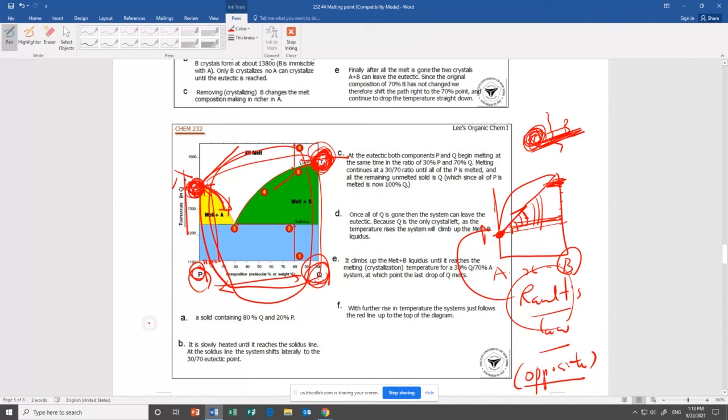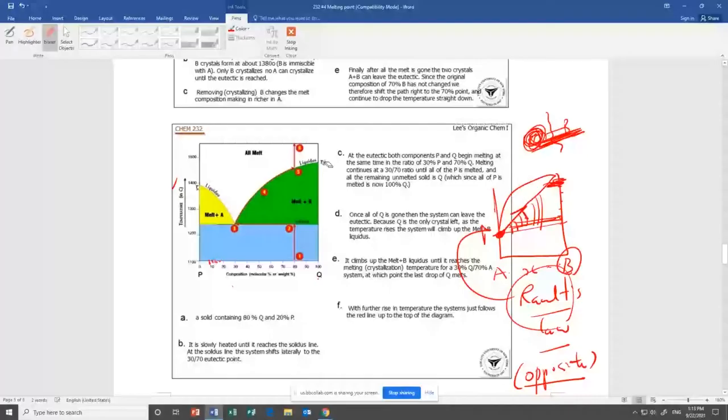Okay? So, no matter what it is, if you have impurity, you just destroy the solid easily. Okay, with that said, let's understand this curve a little better. Say you have 80% high boiling, 20% low boiling. 80% solid at room temperature.